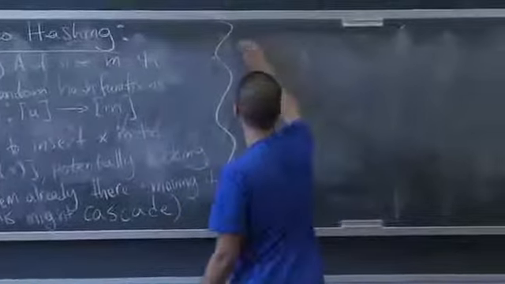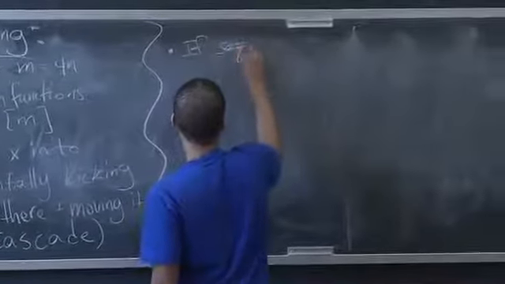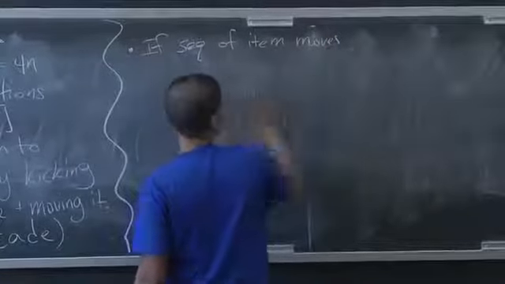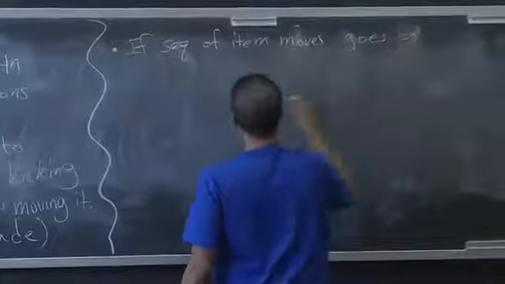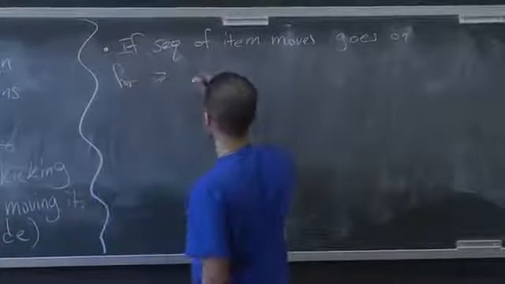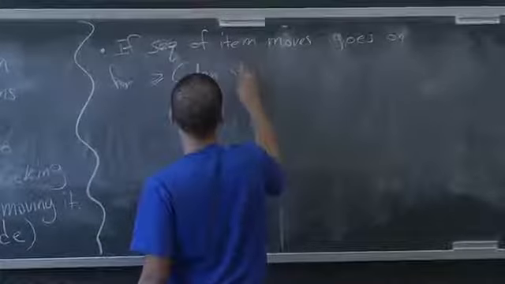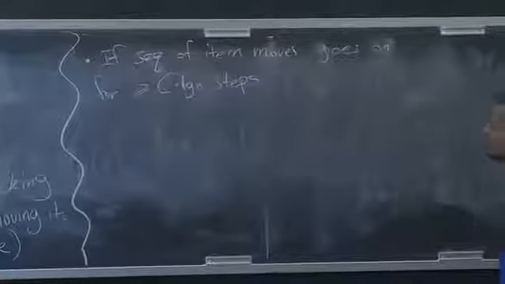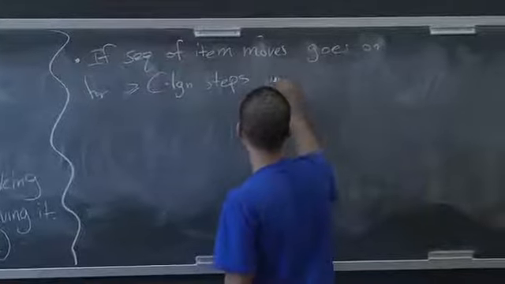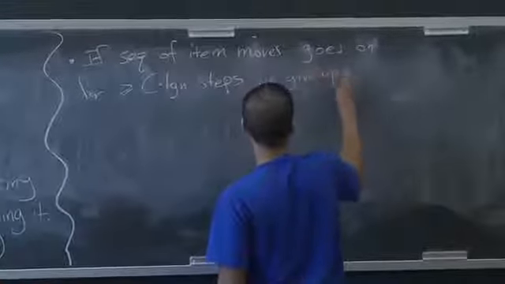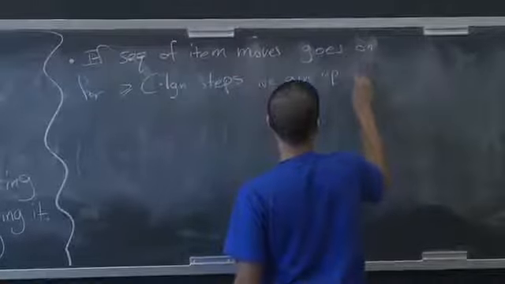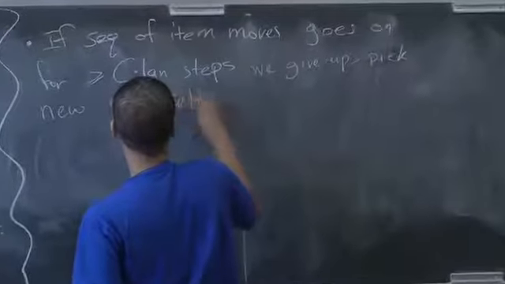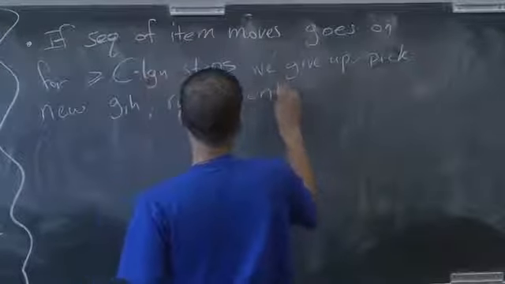And if this goes on, if the sequence of item moves goes on for at least some big constant c times log n steps. C is something that will come out of the analysis, but think of c as 10 or something. After c log n steps, we give up, and we pick new g and h, and we rebuild the entire data structure.